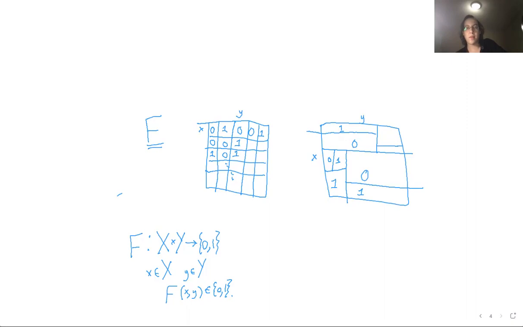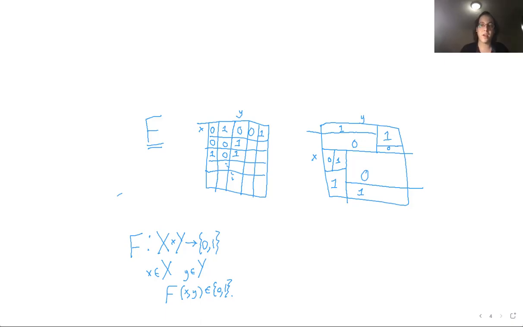That happening corresponds exactly to Alice and Bob both knowing f of x y, or having transmitted the value of f of x y across, basically telling the referee the value.